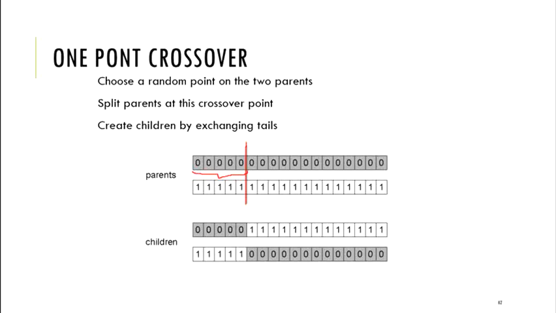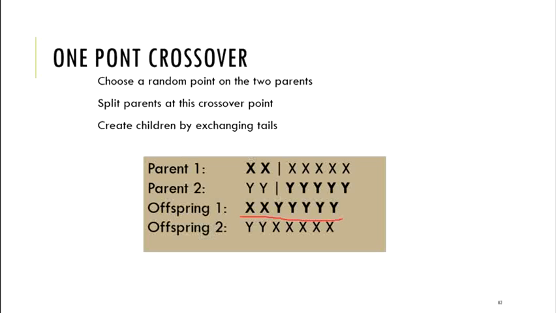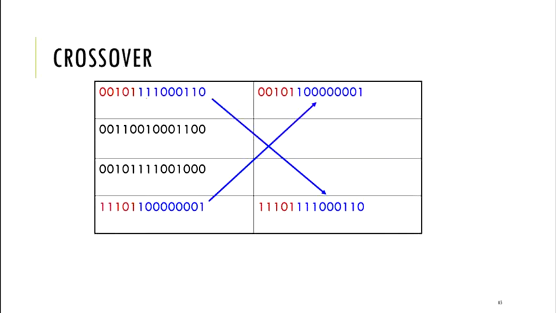So here you can see that this part is replicated for the next one, but the rest of the part is replicated from the other parent. We use the combinations from both of the parents in order to form the new one. So here we have split or changed the genes like this. We've got some portion from one individual and some portion from the other individual. So the offsprings formed are a combination of both of the parents that we have.